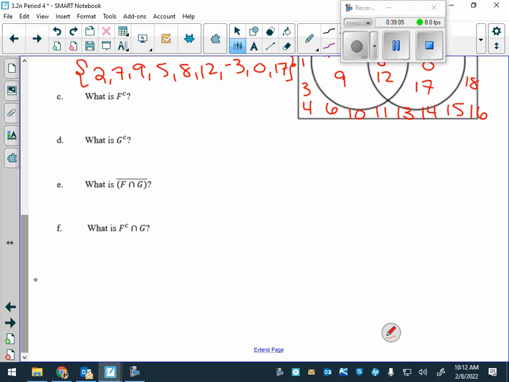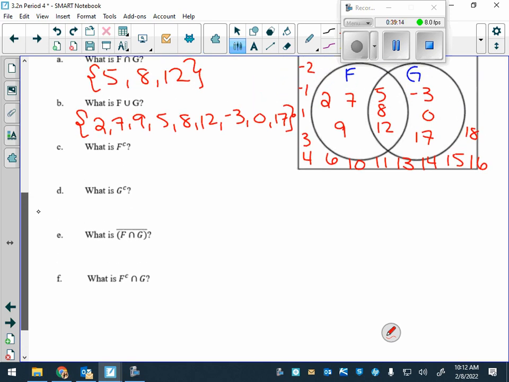Then, what is not in F and G? Eleanor? Anything else? Not the middle part. Good. So, not in F and G is 2, 7, 9, -3, 0, 17, and everything on the outside.